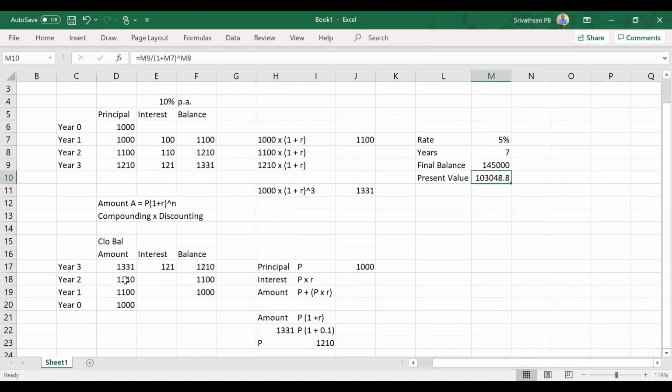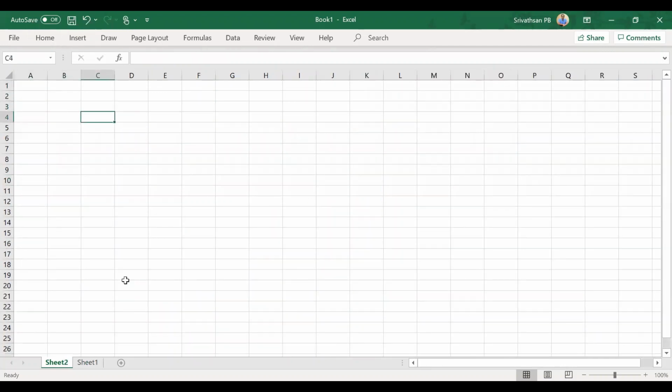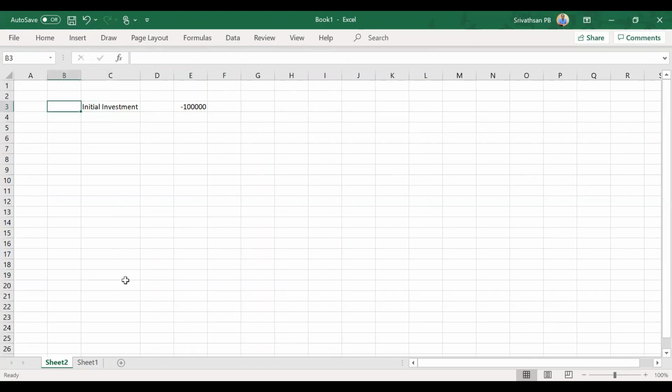So why am I talking about discounting in detail? We'll go to a simple capital budgeting problem. Investment initially is say 1 lakh. I have put a minus sign because it's going out of our hands. This is year 0.